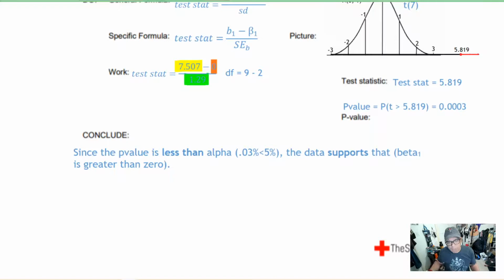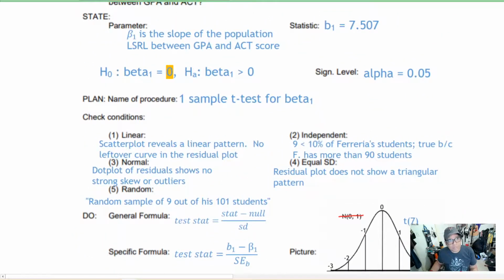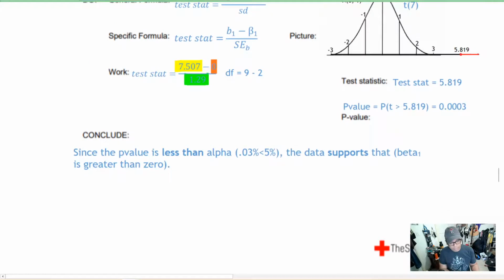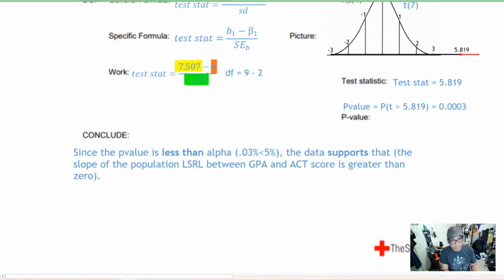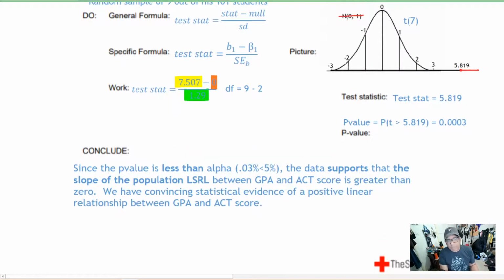But what is beta 1? We got to put this in context, remember. Beta 1 is the slope of the population LSRL between GPA and ACT score. Last thing we're going to write here is going to be the convincing evidence part. So we have convincing statistical evidence of a positive linear relationship between GPA and ACT score.